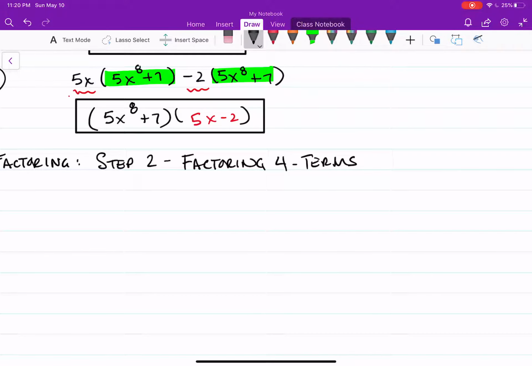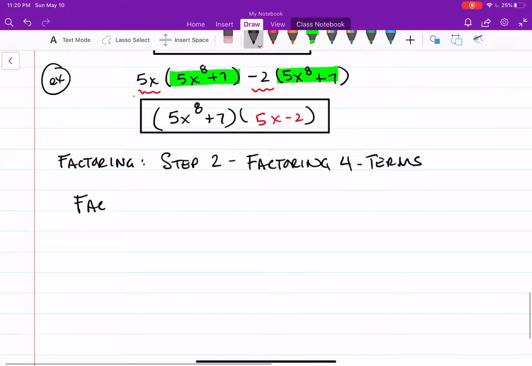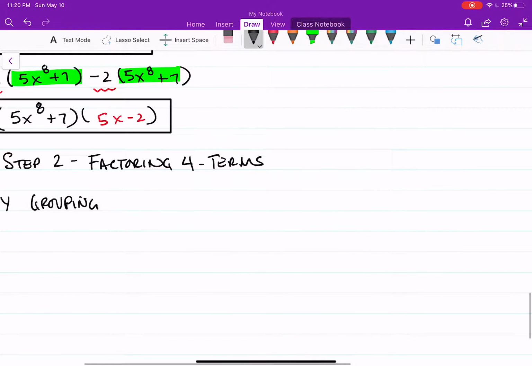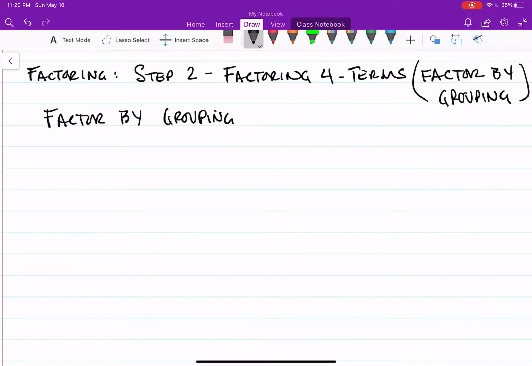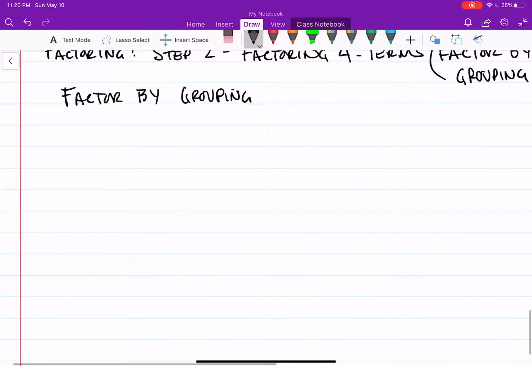And we use something called factor by grouping. There we go. Okay. So with factor by grouping, there's 4 terms. So anytime you see 4 terms, you think factor by grouping. Okay. So let's do an example here. And I'll write the steps out as we're going.